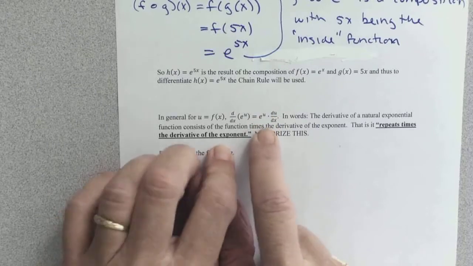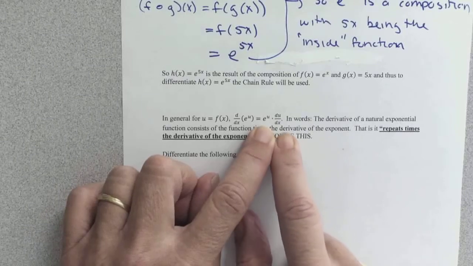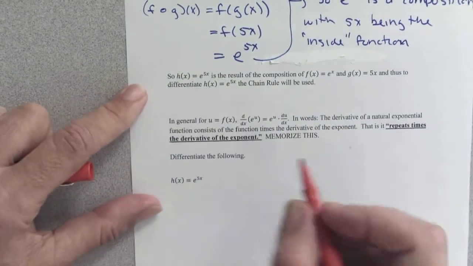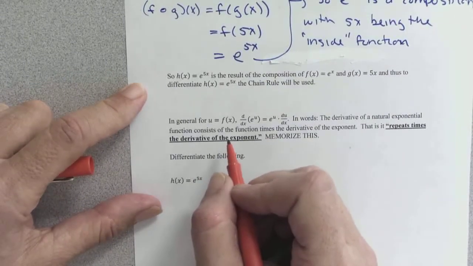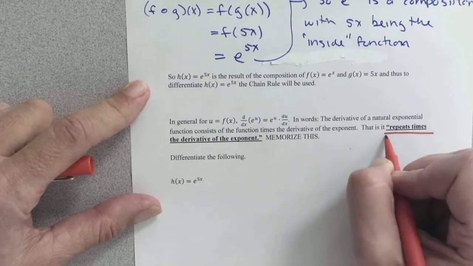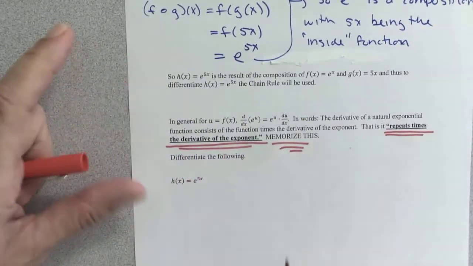And so with the chain rule, we get the repeat part, but since it's not a simple plain variable, we get times du dx, or in words, the derivative of the natural exponential function consists of the function times the derivative of the exponent, or right here, repeats times the derivative of the exponent.